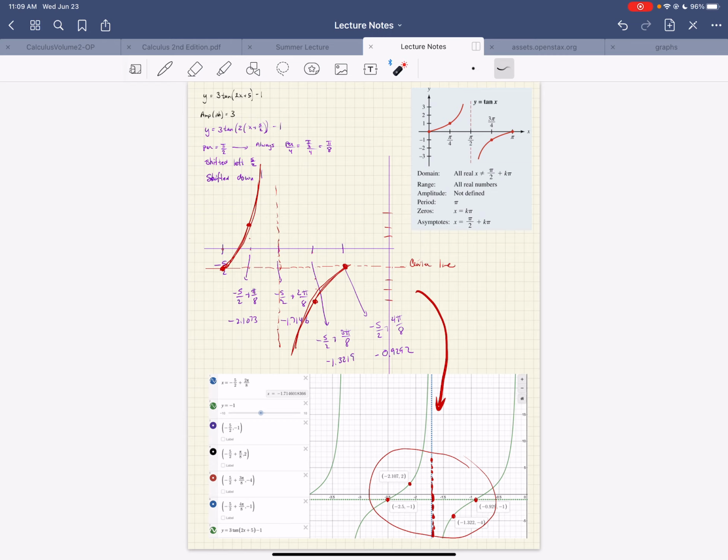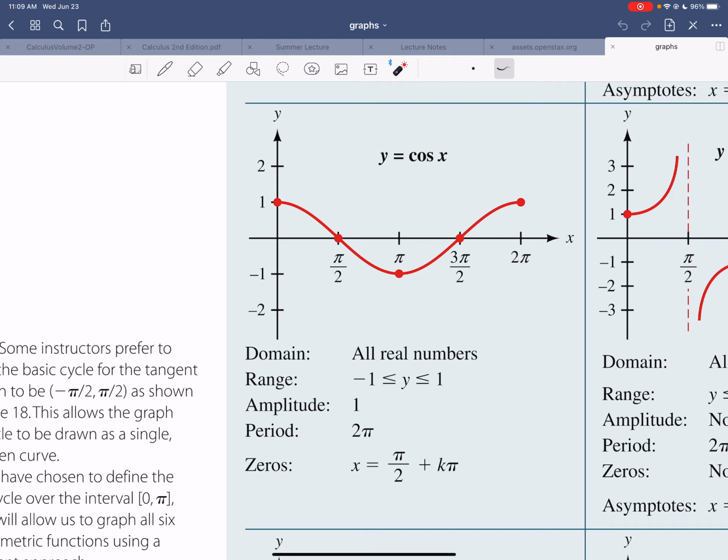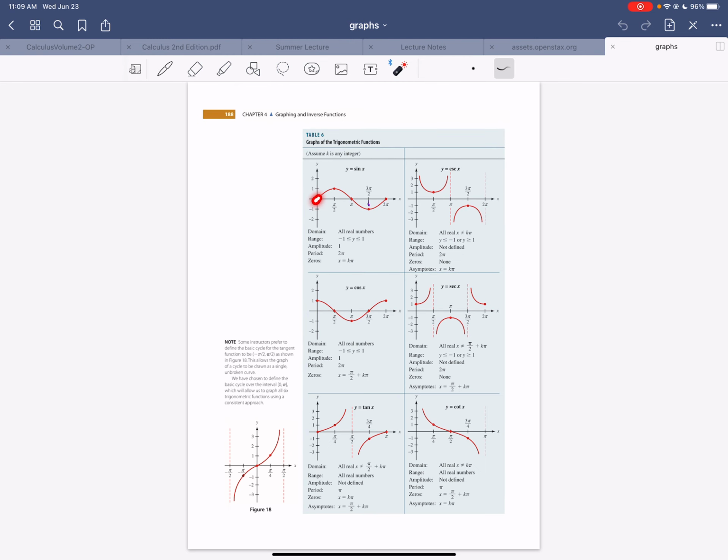give us 5 points. And every single one of these, again, I'm going to put it right here. You have 1, 2, 3, 4, 5. Asymptote 1, 2, asymptote 3, 4, asymptote 5. 1, 2, 3, 4, 5. 1, asymptote 2, 3, asymptote 4, 5.